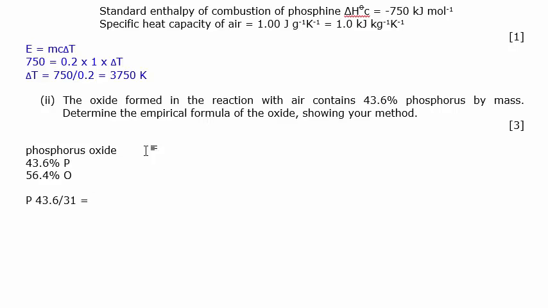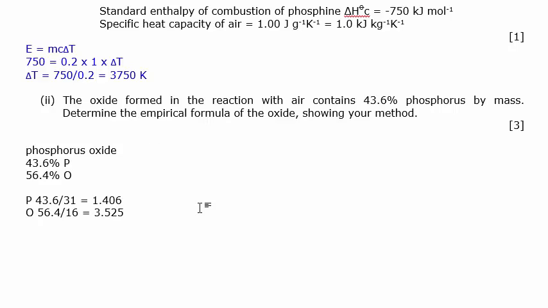We should look it up, really, but I'm not going to do that. 43.6 divided by 31 comes to 1.406. And for oxygen, it's 56.4 divided by 16, and that comes to 3.525.